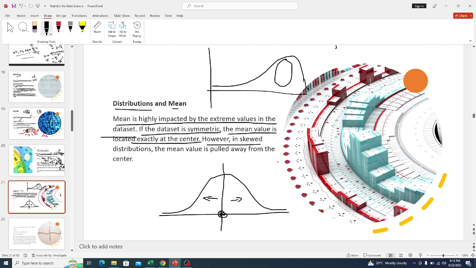With this, the mean will not be at the center, but will drift either to the left or to the right, depending on the skewness. We shall cover this more when we deal with the skewness topic, or the measures of asymmetry. So this is just an illustration.